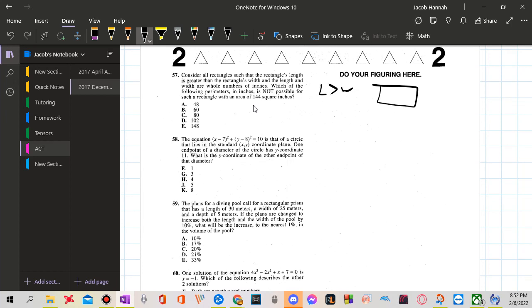Okay, so 144 square inches. Let's see, if it's 144, then that's 12 and 12, the square root of that. If you add all this up, that's 48.